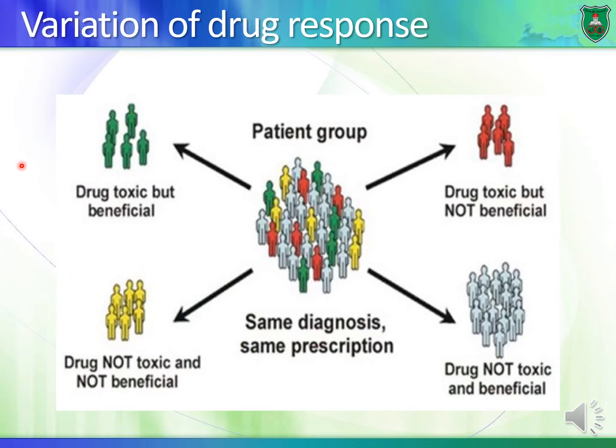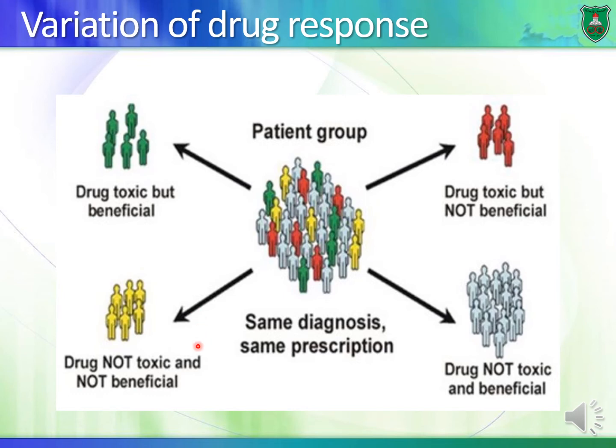So the idea here is that you have a group of patients and they're given certain medication. Now, not all of them would have the same response. Some of them, the drug would work, they would benefit from the drug, and there would be no toxicity. Others, the drug would work, except that there is toxicity in these patients.